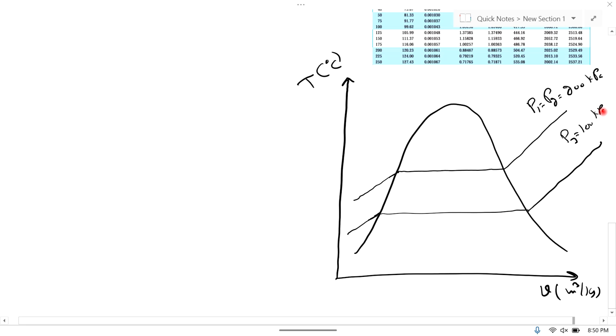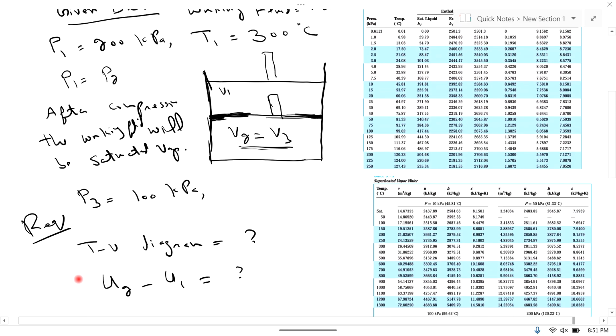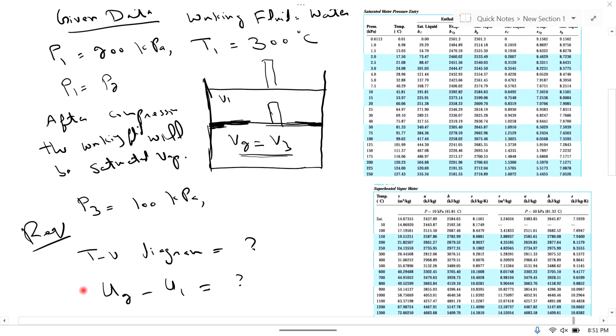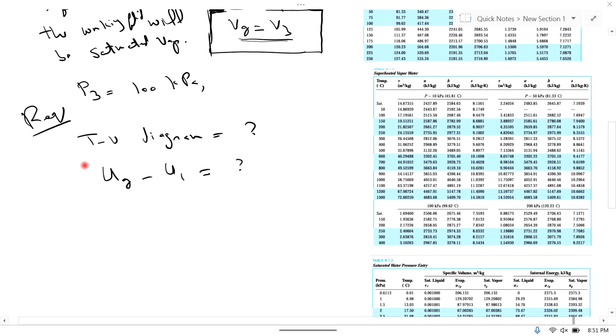So the initial point and intermediate point will be on the high pressure line, 200 kilopascal, and point 3 will be on the P3 line. First we find point 1. At point 1, pressure and temperature are given to us. So first we check whether point 1 is in the mixed region or in the superheated region.